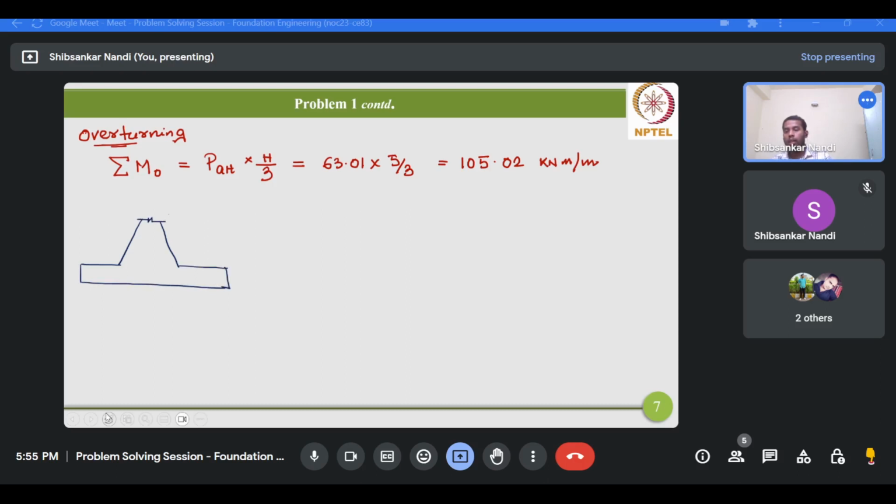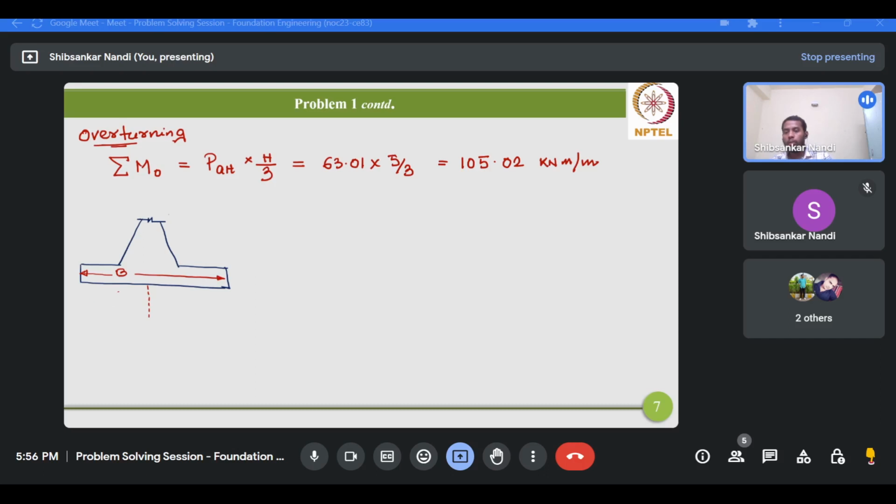We'll try to basically locate the reaction which is basically acting on the base. Suppose this is your B.